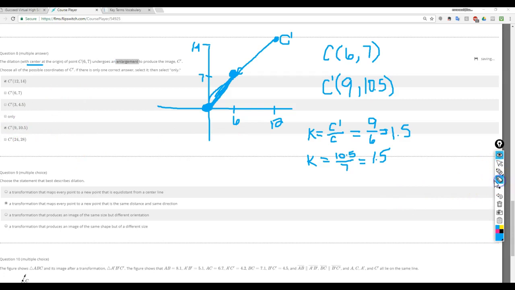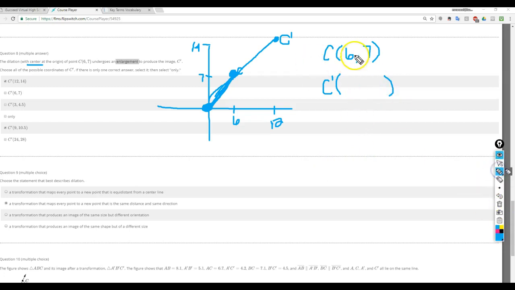Now the next one is C prime with coordinates of 24 and 28. So I'm going to ask myself, what would I have to multiply 6 by in order to end up with 24? And that would be 4. Or we can set up our ratio and compare C prime's coordinates to C's coordinates.